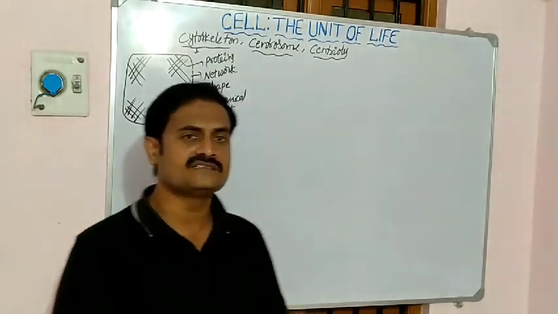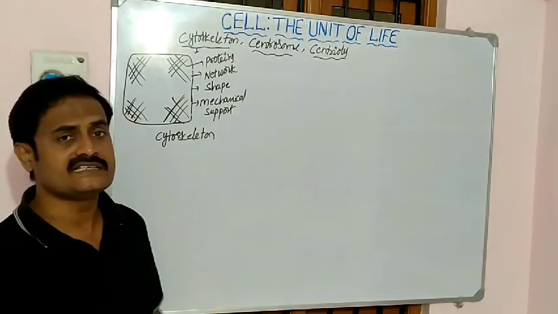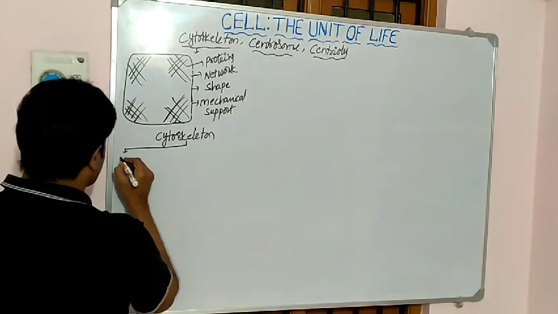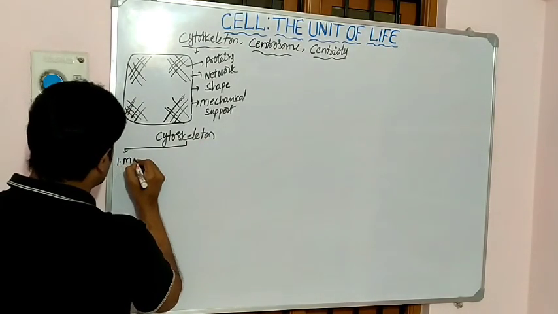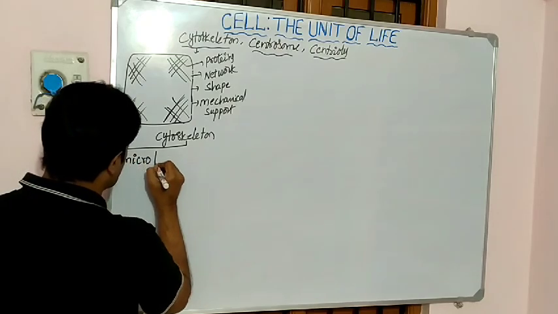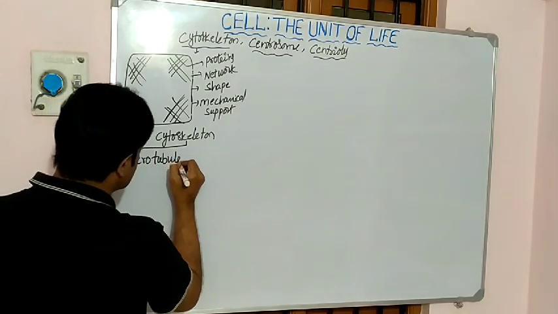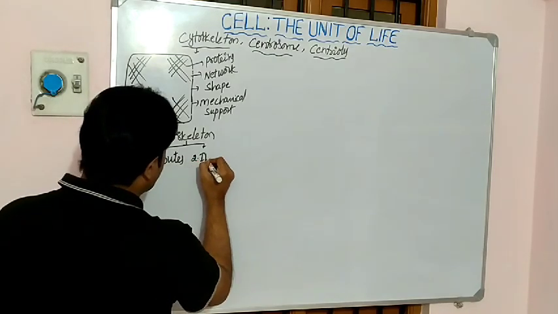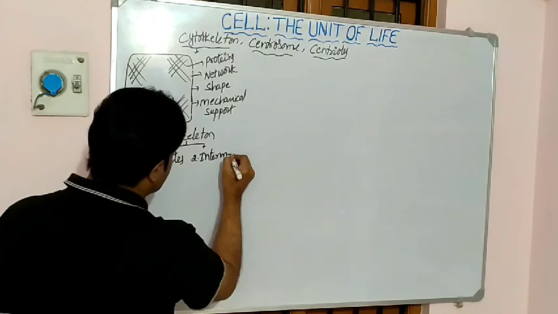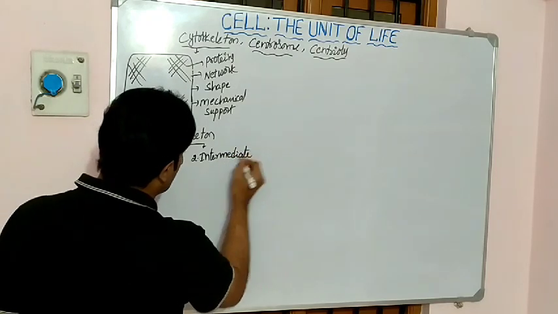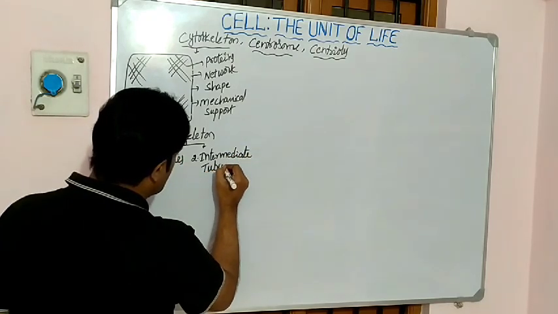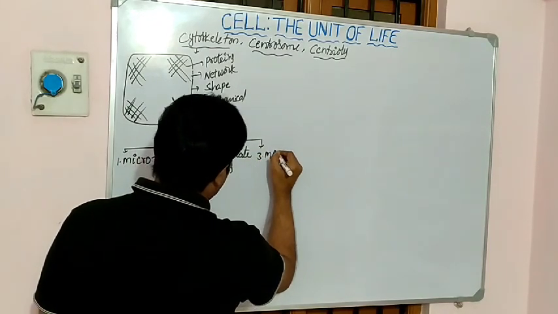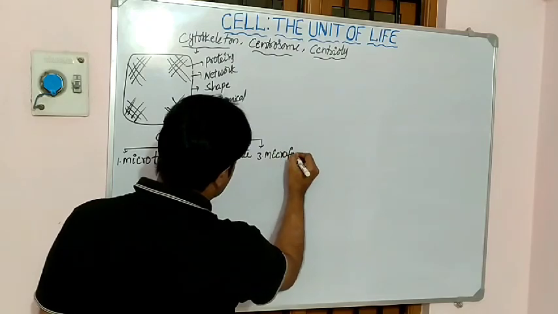Based on the proteins, the cytoskeleton is classified into three types. What are they? One is microtubules, and second one is intermediate tubules, and third one is microfilaments.